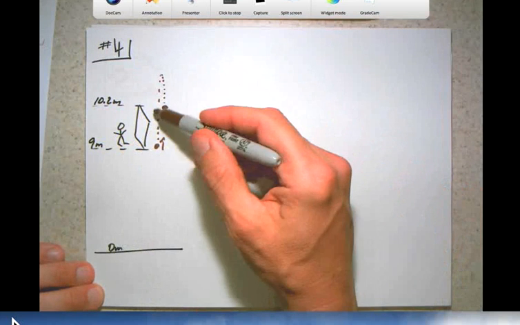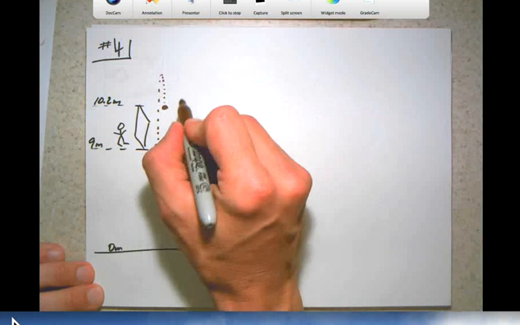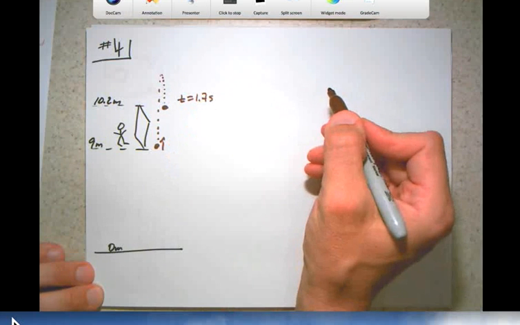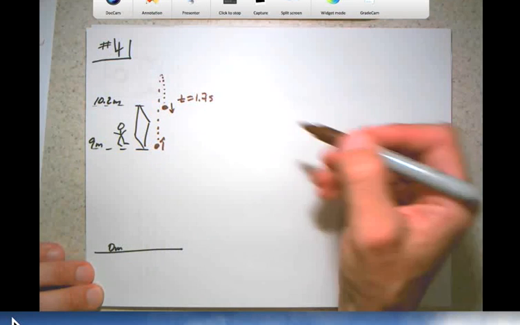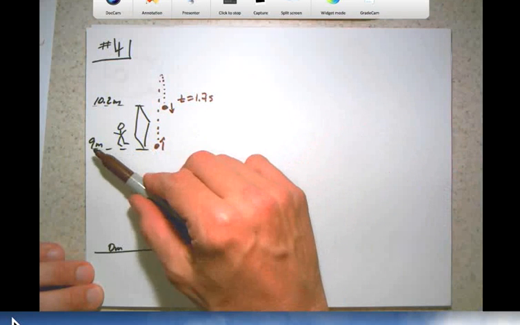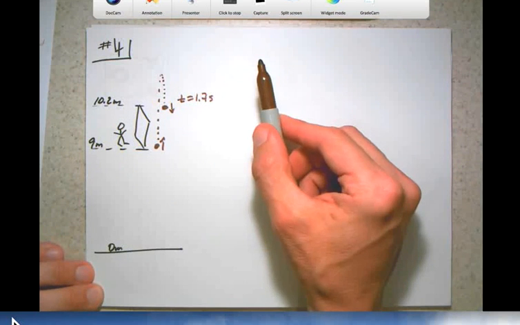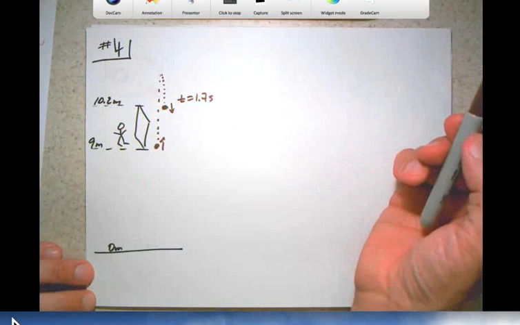So the amount of time it takes to go through this motion is 1.7 seconds. And then when it gets here, it's got some downward velocity. And in each case, it's got a height of 9 meters at the beginning and 10.2 meters at the end. Or you could always call this 0 and that one 1.2 if you want.